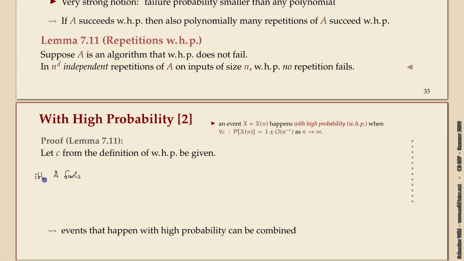The ith version of the event fails, that's our event A_i. And then the event we're now looking at is that any of them fails.